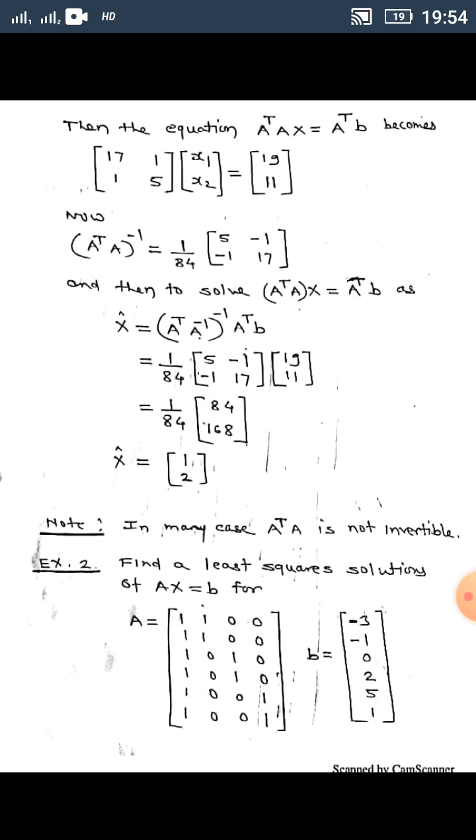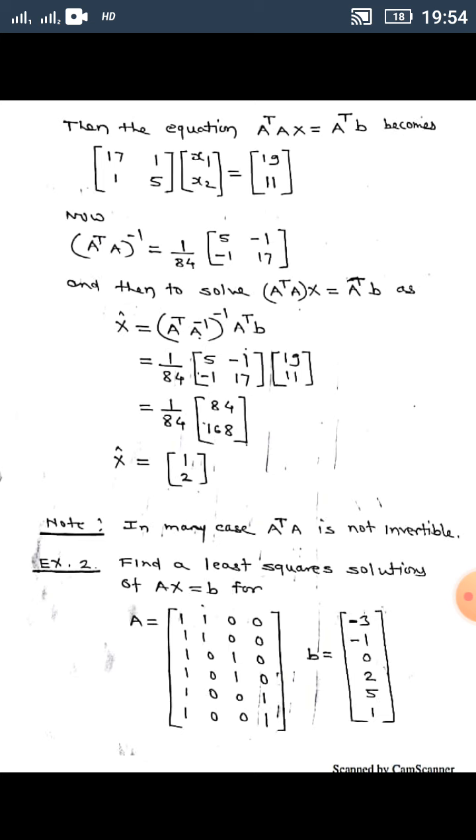So how to calculate the inverse of this matrix? Already we have seen it in eigenvectors and eigenvalues. Take the product of the diagonal elements with subtraction, interchange the diagonal elements, and change the off-diagonal elements' sign, positive to negative or negative to positive, depending on the sign there.